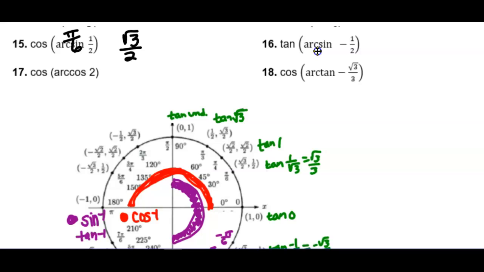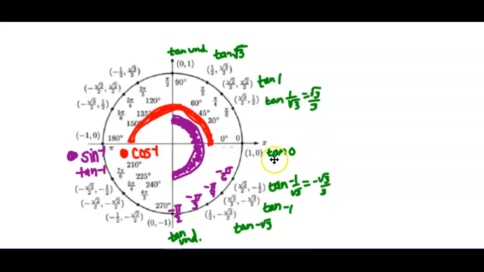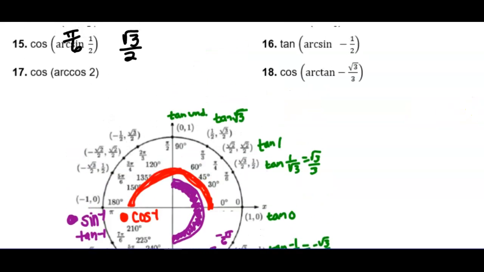This is a sine. Where is the sine negative 1/2? Okay. The sine is negative 1/2 right down here at negative pi over 6. Now it says, what is the tangent at negative pi over 6? Inverse tangent is in these two quadrants.